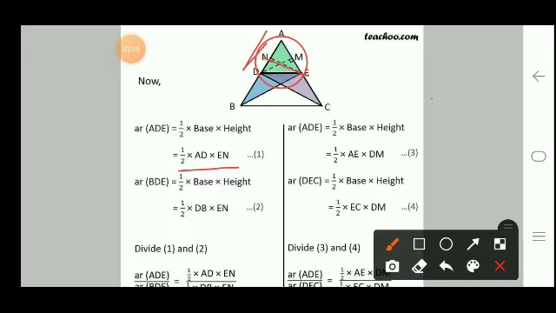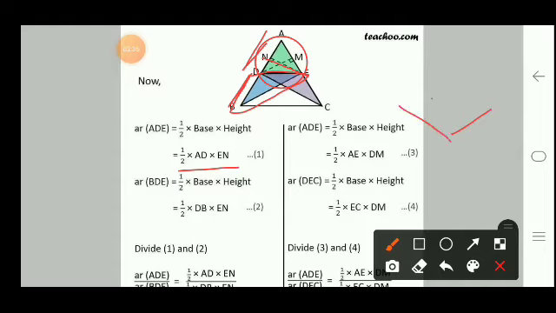In the same way, we can also write the area of triangle BDE. So area of triangle BDE is equal to half into base into height, where the height is EN. Now why is the height EN?